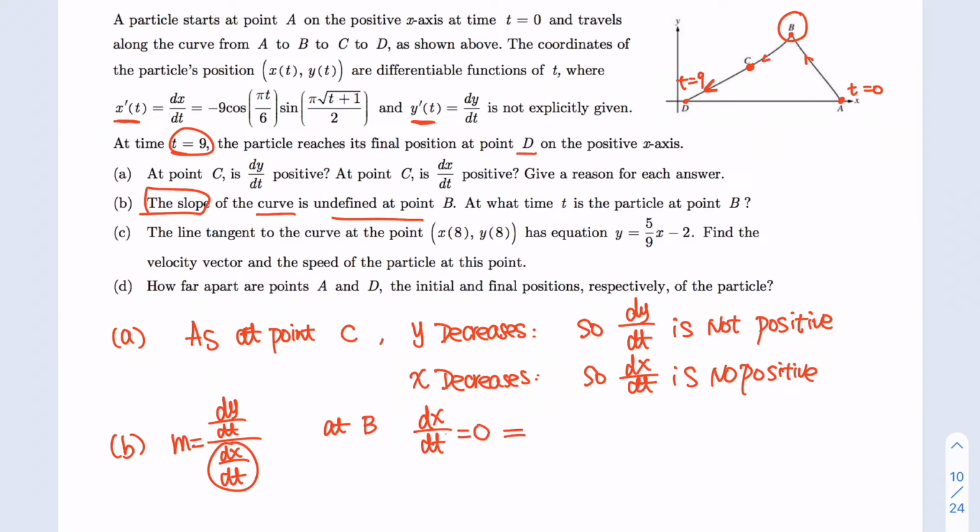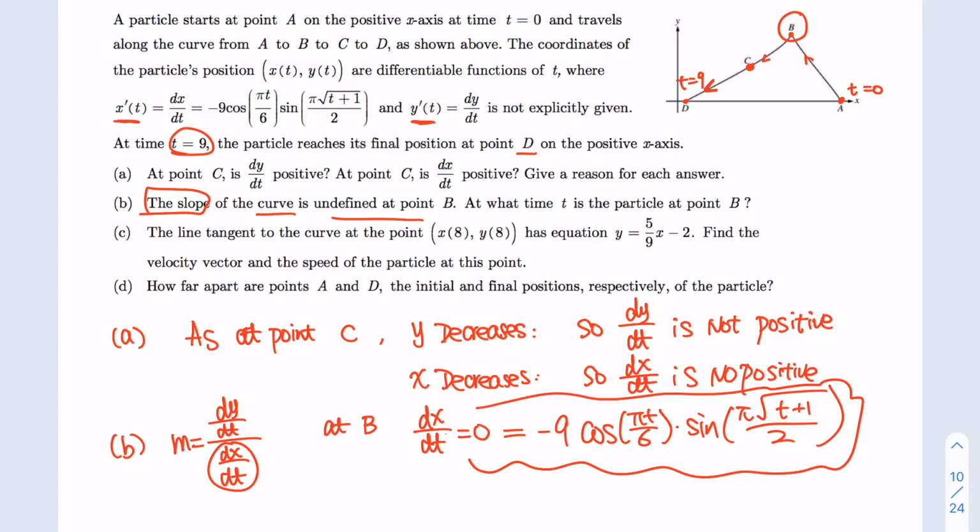So we set dx over dt, negative 9 cosine of pi t over 6 times sine of the other factor over 2, equal to 0, and we find the zero. We plot this and find the zero of this equation. So t equals 3 here.